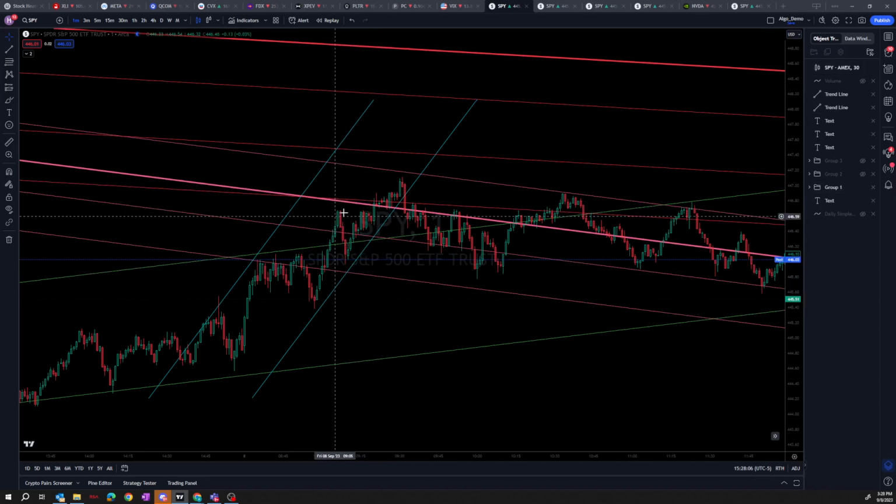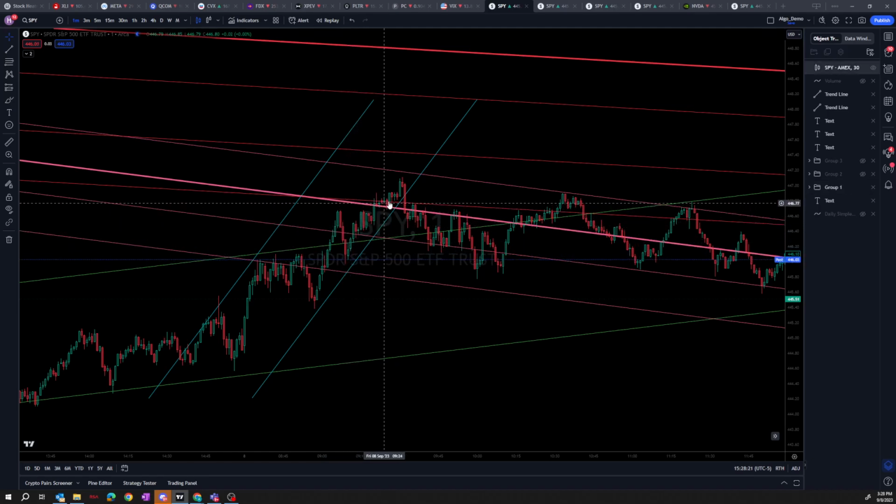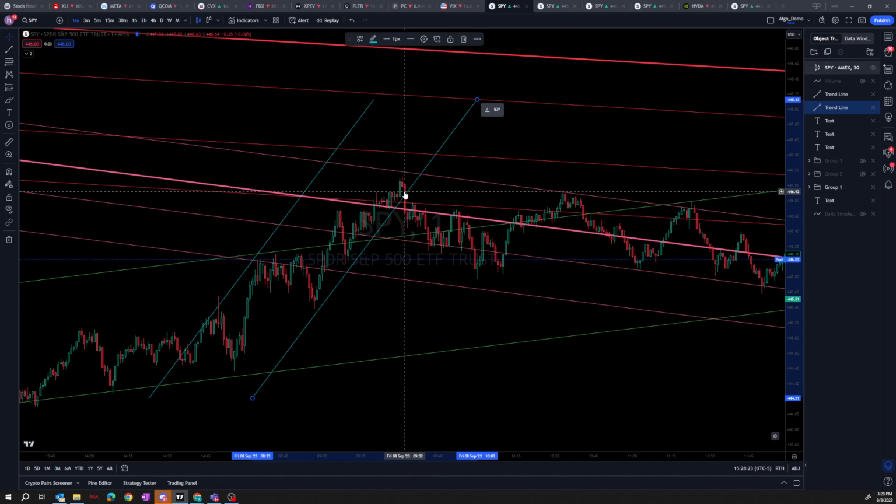So if you didn't take profits here and you're wondering what to do, you should still hold on to it. As long as this algo is holding up and acting as a support, you can keep holding on to it. Here it continues to move up, continues to move up, continues to move up, and then finally, with this candle, it breaks below. Here is where I would cut my call and take profits.